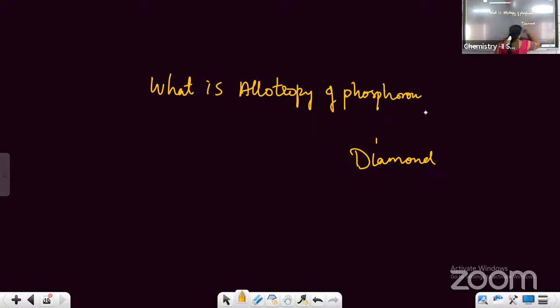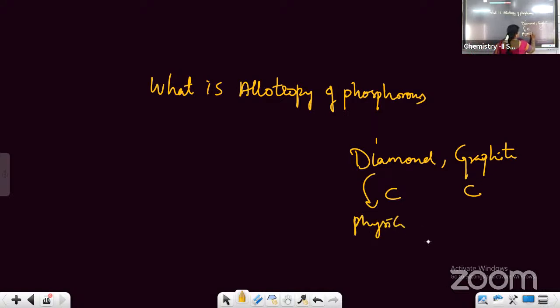Okay, we are having diamond and graphite. Both of them are made of carbon only. But what is the physical appearance? Physical properties are different.